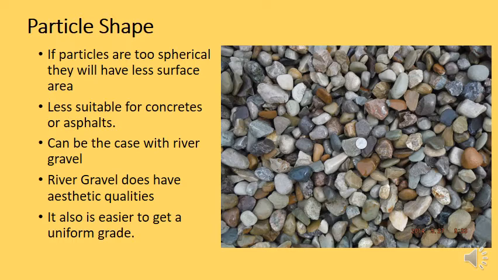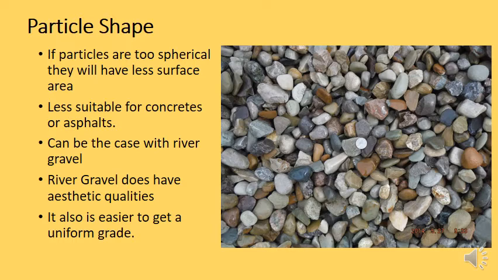Now why should that matter to us? Well, if we are going to use the aggregate in something such as concrete or asphalt, we want to be sticking all of the aggregate particles together with cement, or bitumen in the case of asphalt. If there's less surface area, then obviously they're not going to stick as well together.